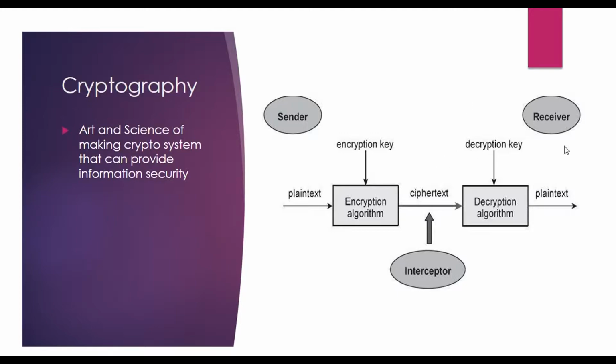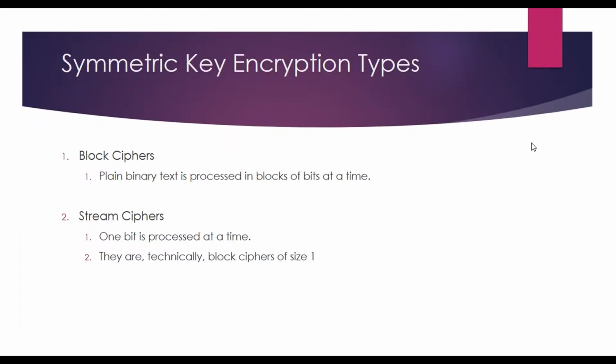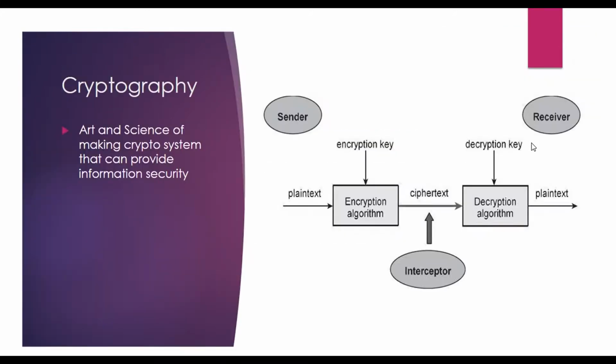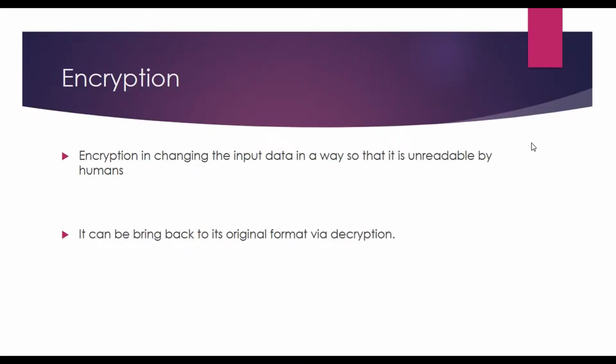In this way, no one can understand what I'm trying to send to the receiver. On the receiving end, the receiver knows what kind of algorithm was used to encrypt the input text, and uses the same algorithm to decrypt it and get the data back. So that was the overview of how encryption in a crypto system happens.